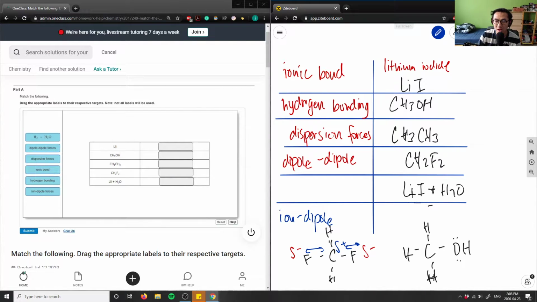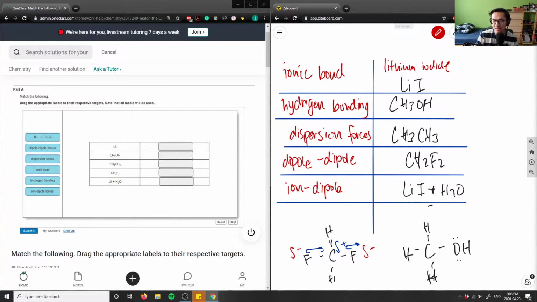And finally, lithium iodide plus water would be our ion dipole, right? This here would be our ion dipole, because I have a polar molecule such as water. Water is a polar molecule, and I have a cation and an anion as ions, which is lithium iodide here.